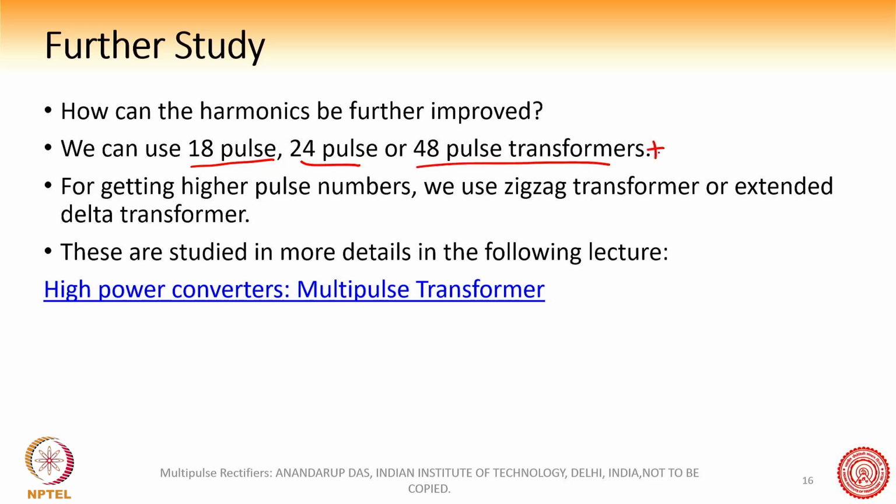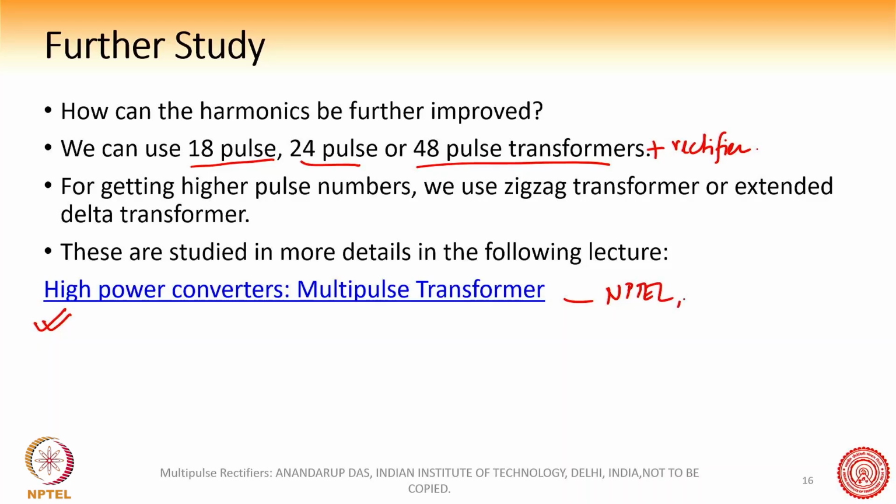This is not a transformer plus rectifier arrangement. This is slightly advanced, so we take it up at a postgraduate level, and we are not going to cover this one. It has been covered in one of my other lectures, high power converters, which is available on NPTEL YouTube, where we have talked in detail about multipulse transformers.